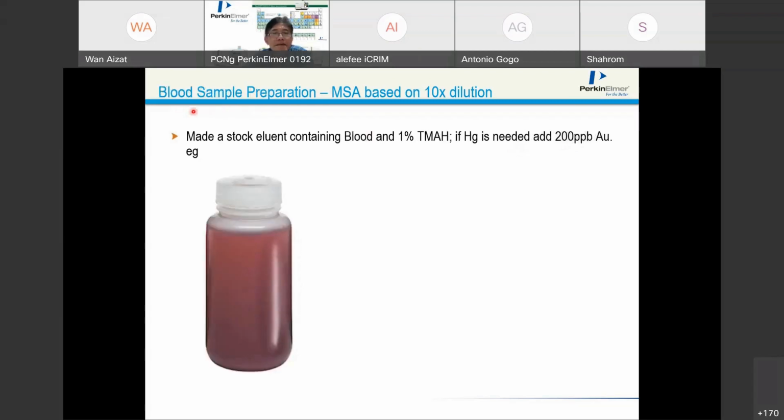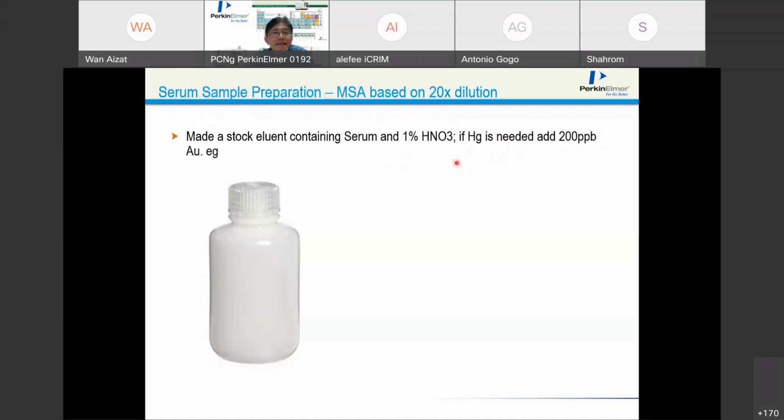This is the urine sample. This is the blood sample mixed with 1% TMAH, also with gold added to stabilize the mercury. The other sample is serum, also in 1% nitric acid. This sample can be directly diluted, or you can use microwave to digest it.